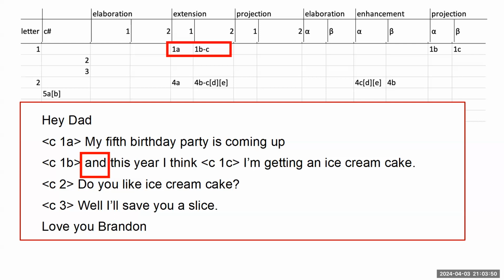The 1A, B and C, it's a projection. 2 and 3 are simple. Well, that stands out. So that's one thing. We can see the first letter. We already noticed that it's much simpler when we did the clause analysis.